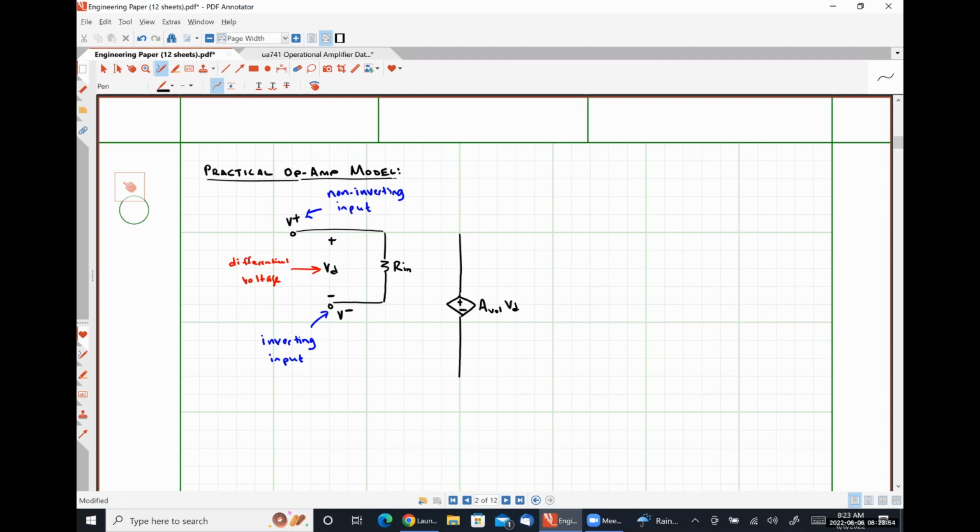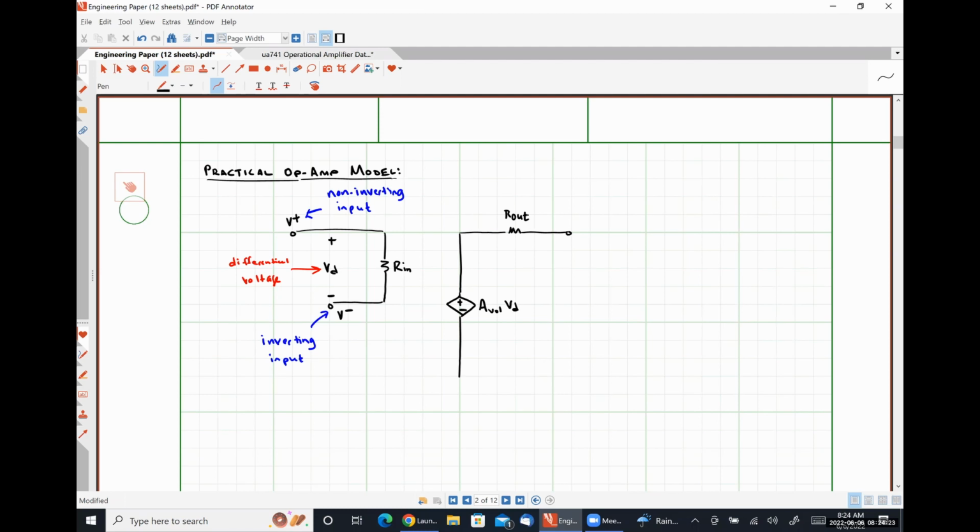So an op amp's ostensible primary function is to amplify a potential difference seen at its input terminals to generate some output voltage. I'm going to have my output resistance up here, like so.